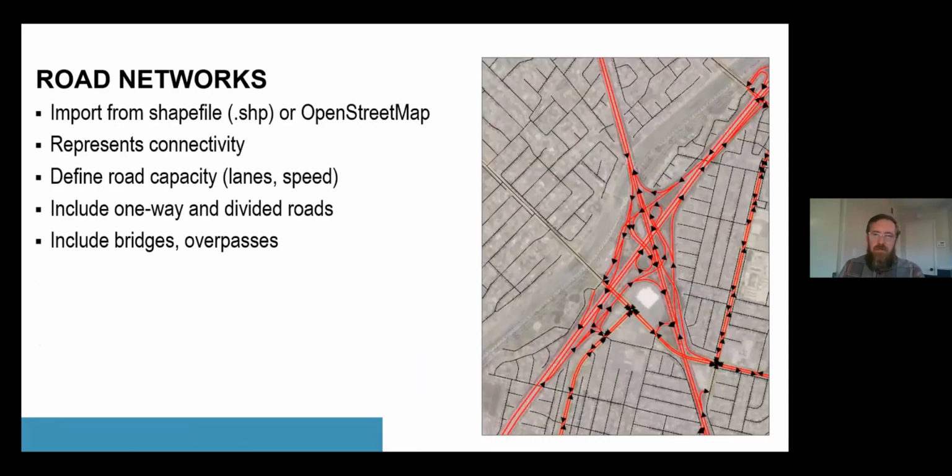Road networks basically represent the connectivity between road segments, and they include bridges and one-way streets and divided highways. The most important part really is the capacity of the roads, defined by the number of lanes and the maximum speed of vehicles on the roadway.